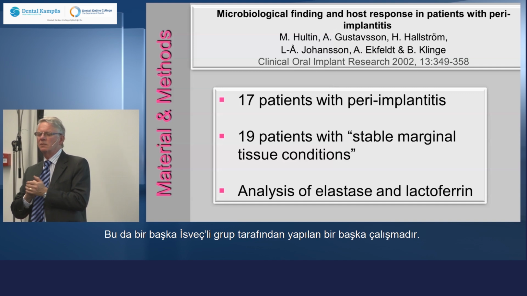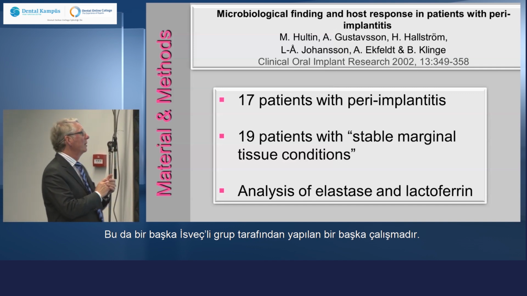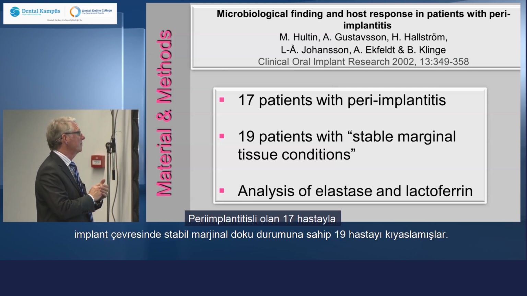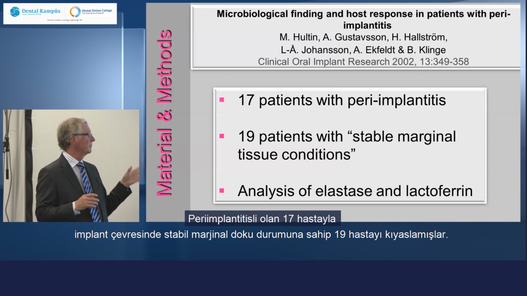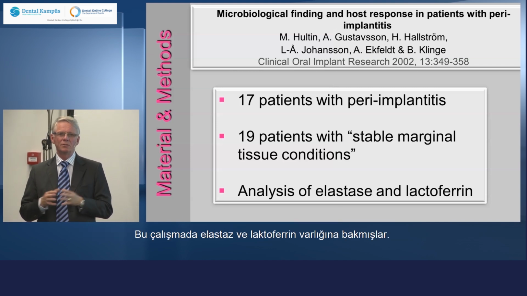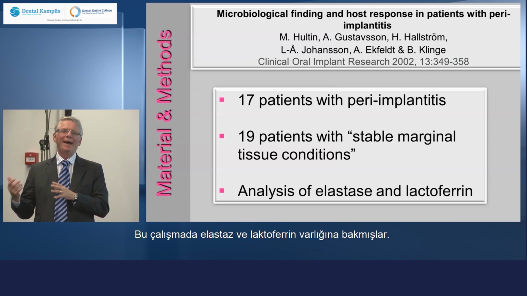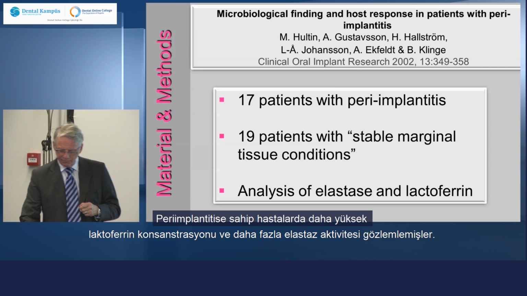And this is another study from another Swedish group from Stockholm, with Margareta Hultin as first author. They examined 17 patients with periimplantitis and 90 with stable marginal conditions around the implants. What they looked at in this study was the presence of elastase and lactoferrin.